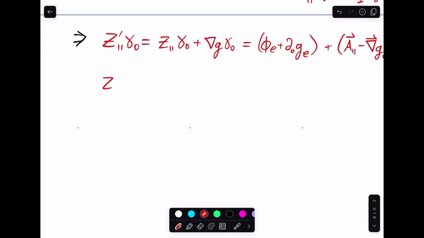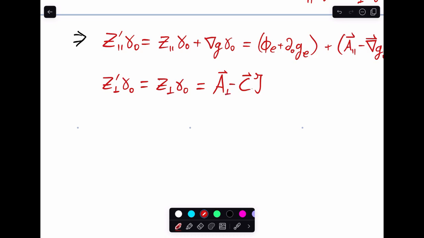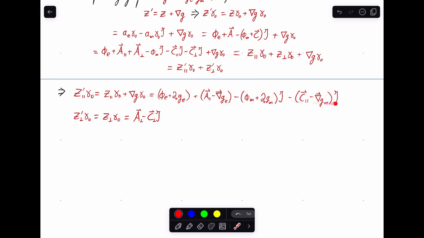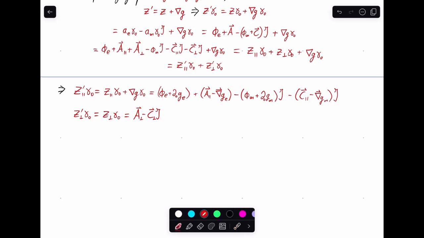Similarly, you have that z prime perpendicular is just equal to z perpendicular gamma naught, which is just equal to a minus c I, and these are the perpendicular components, the transverse components. So you see that under a gauge transformation, this complex vector field remains the same in the transverse direction and only changes in the longitudinal direction. So essentially, this is gauge invariant.